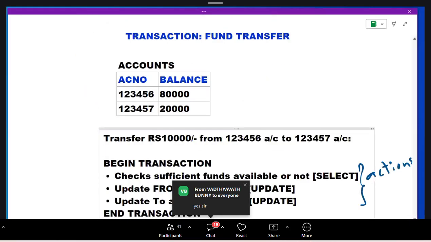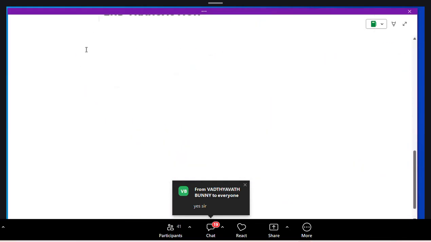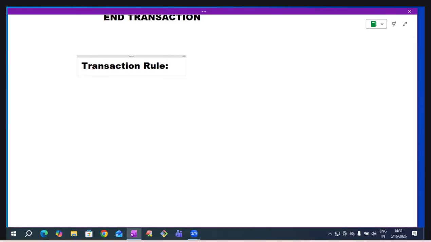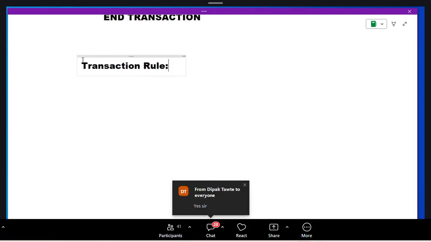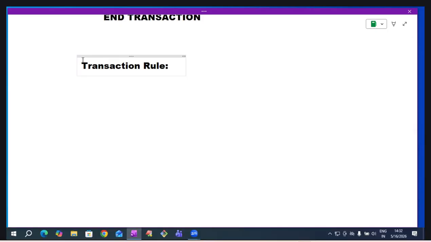Now, see here. The transaction rule is that, those who learned DBMS in their academics already know this. They learned about transactions in DBMS. Every transaction has ACID properties, but I don't want to go deeper into this. I just want to tell one rule here.